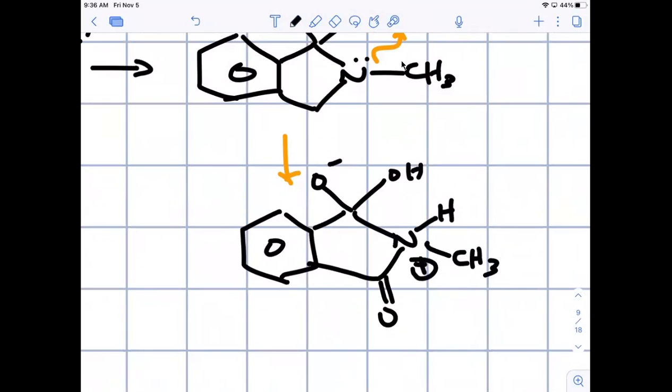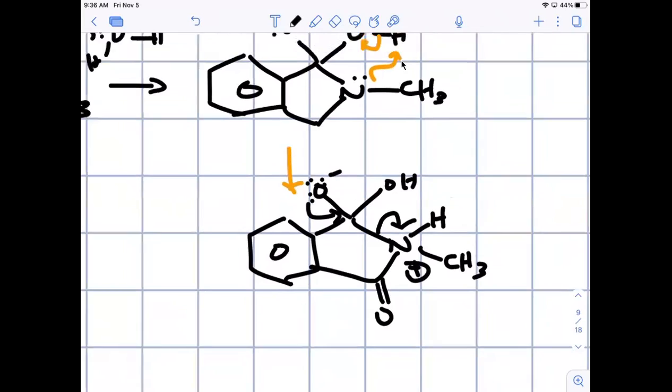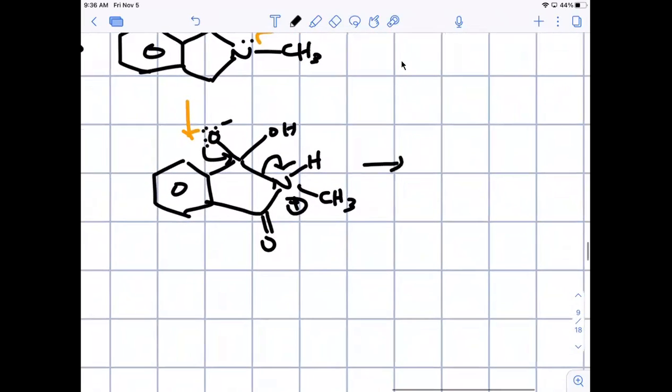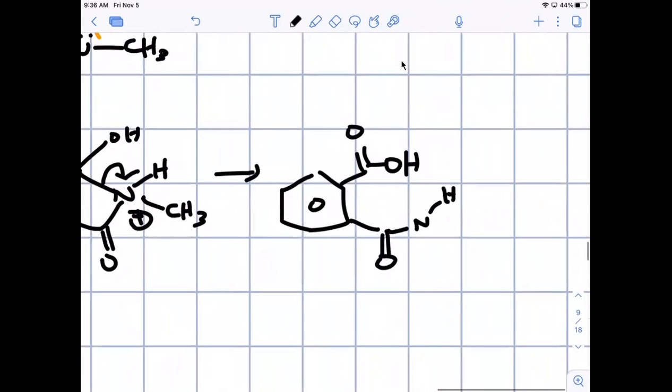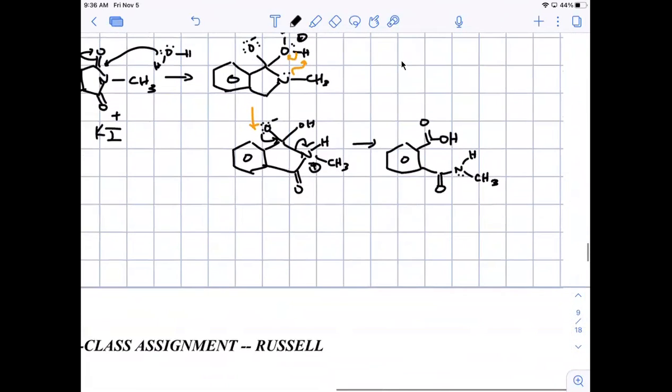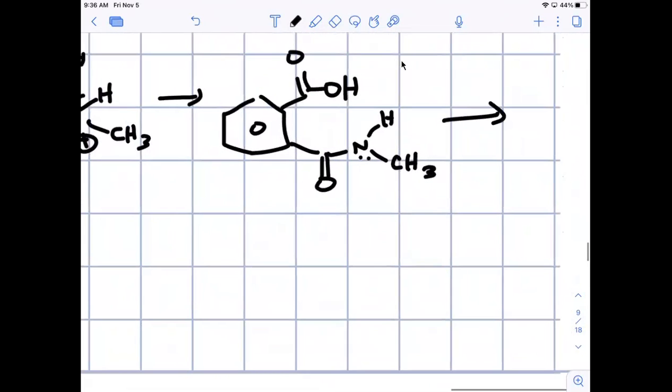And then like that, pop that open like so, and you end up with a carboxylic acid here, and then the amine here, or the amide here. Right, and then you'll just do the same thing again to release the amine, right? So you'll add another water molecule in, like so, and then you'll go through the exact same thing.